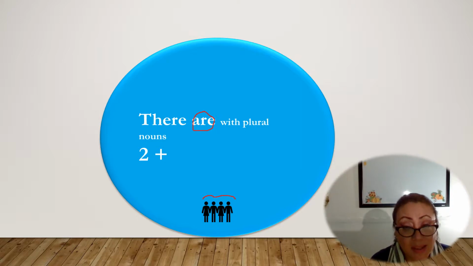And in this case, we need to remember that jeans, for example, one pair of jeans is a plural. So I need to use are. For scissors, for glasses, because they come in pairs, I need to use are.